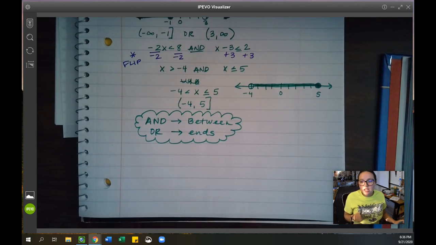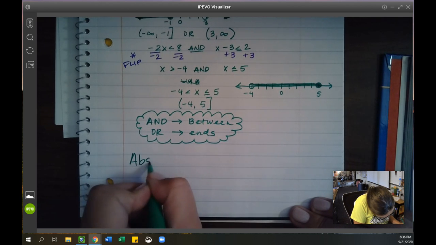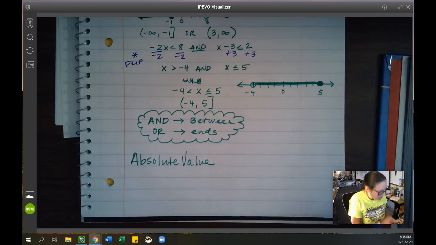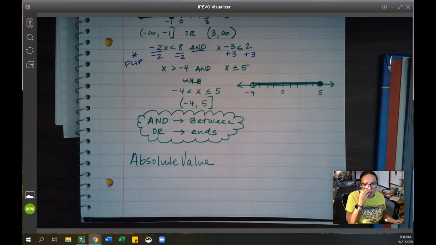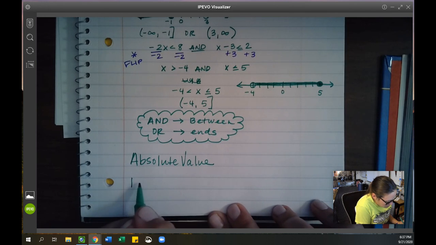All right, let's talk about absolute value. What does absolute value do? Let's just do some basic examples here. Let's say I have absolute value of negative 3.